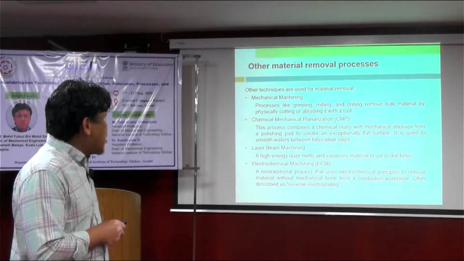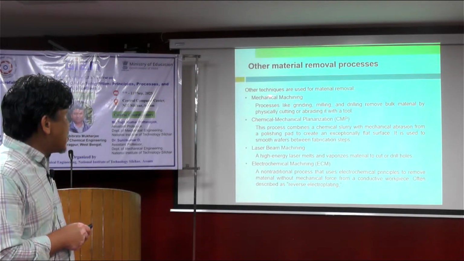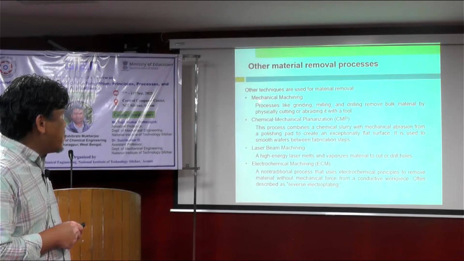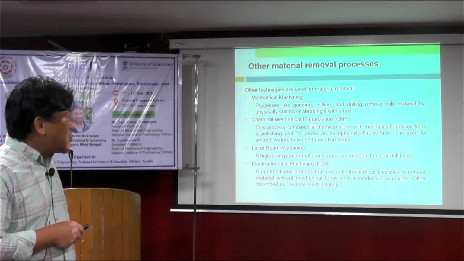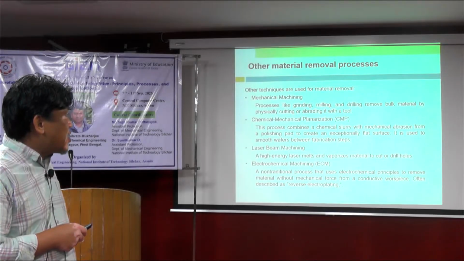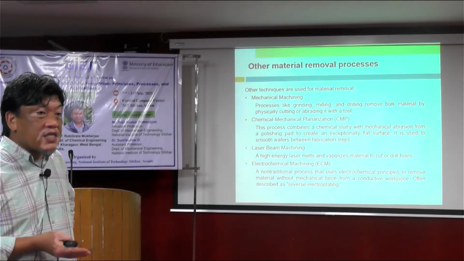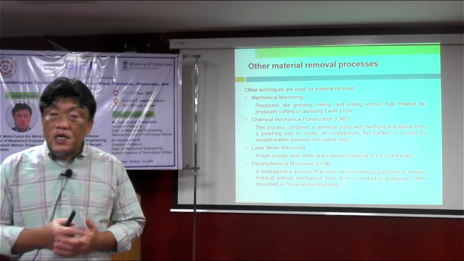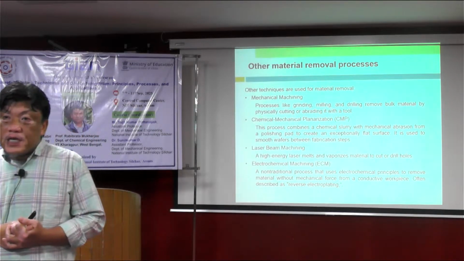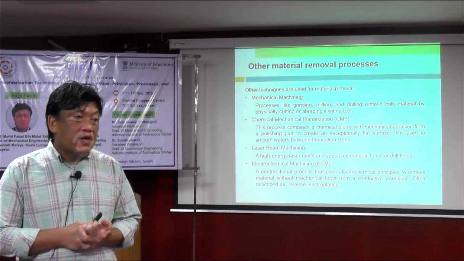So, other material removal process techniques used for removal: mechanical machining. To a certain extent, we can still use machining for some bulk processes. Let's say dicing. We need to dice the wafer after the completion of the process.